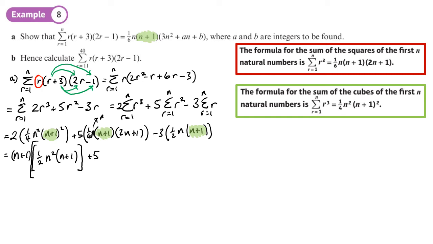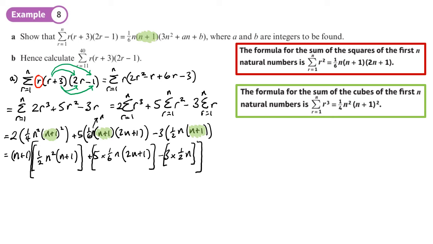So 5 and then times 6n. And then I'm just left with 2n plus 1. Then in the final bracket, that will just be minus 3 times a half n. I could do 3 over 2. And I've taken out the other n plus 1 as a factor. So I've got something like this.